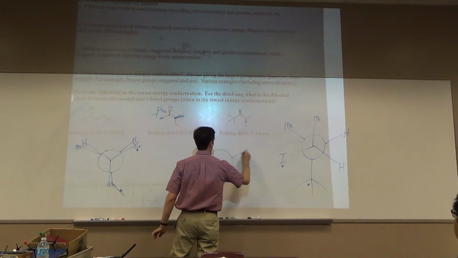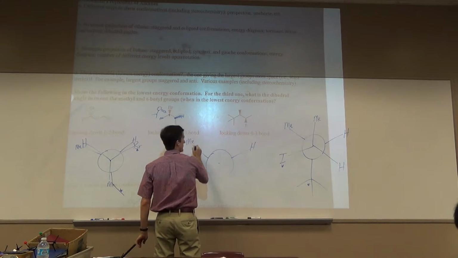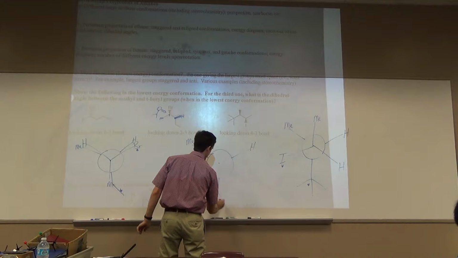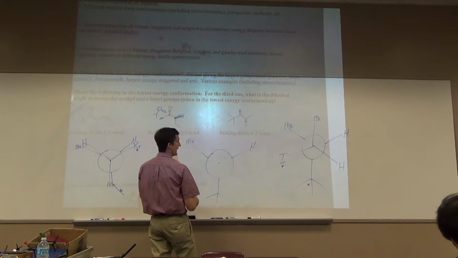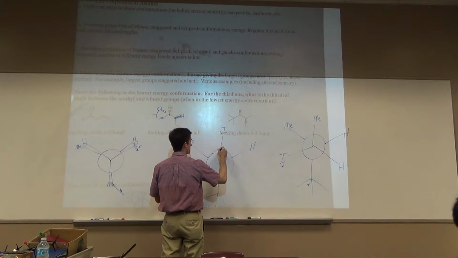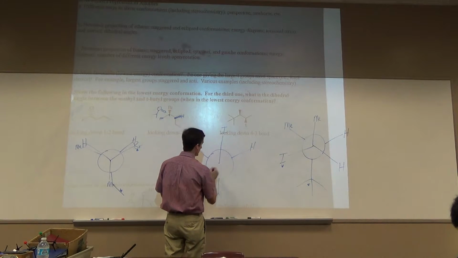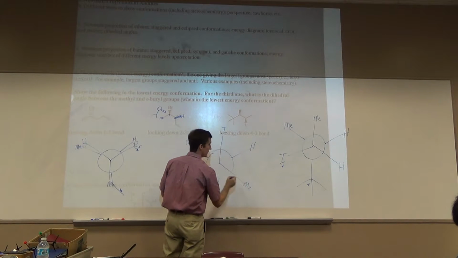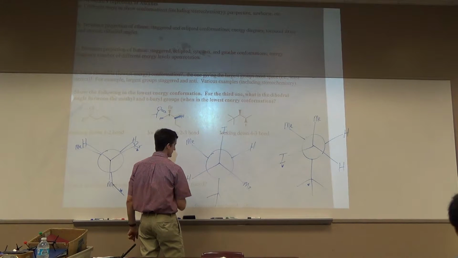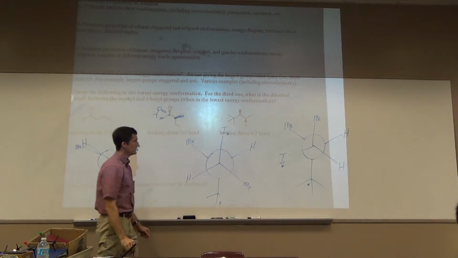The back is going to have H, methyl, T-butyl. Iodine is going to want to move here, yeah, but it's on the front carbon, so it's there. Methyl moves here, H moves here. Your two largest groups are anti.